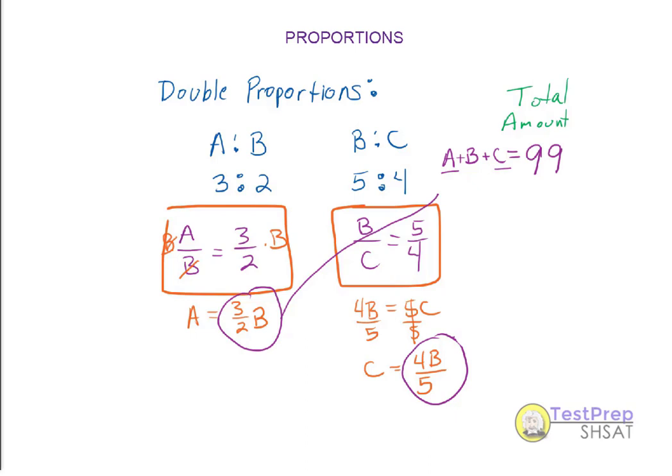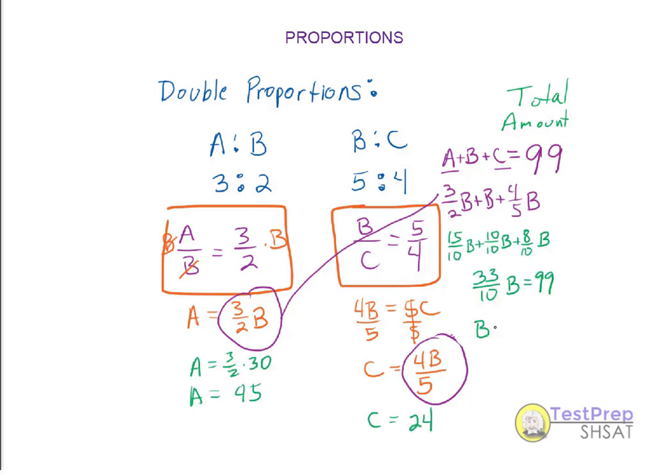What do I do with that? A, I solved in terms of B. C, I solved for in terms of B. I'm going to substitute those values back in. So A is really 3/2 B, and B is just B. And C is 4/5 B, so I'm going to substitute that in for C. Now I can find a common denominator and combine like terms.